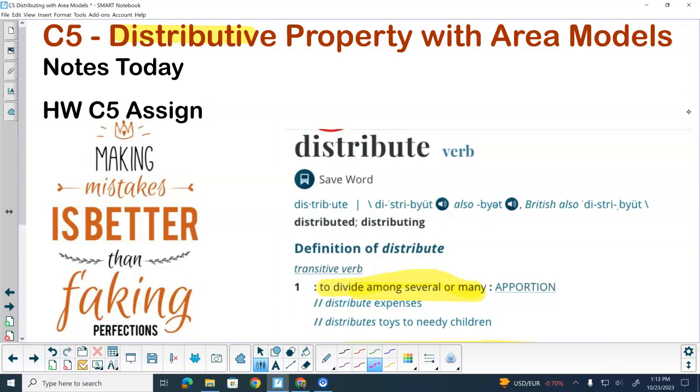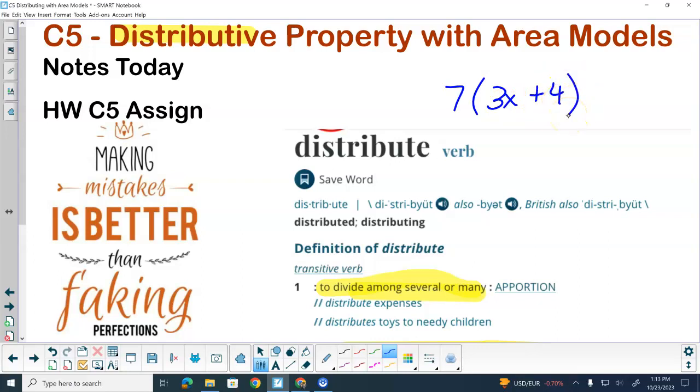So if we are distributing, we are going to divide equally among several or many. Okay? So what we're going to be doing today is we're going to have a number in front of a variable or a term or another number. For instance, we're going to have something like 7 and then 3x plus 4.